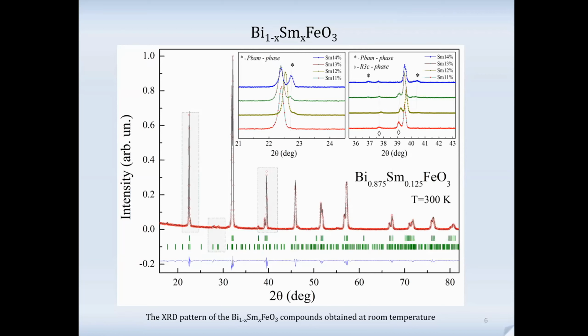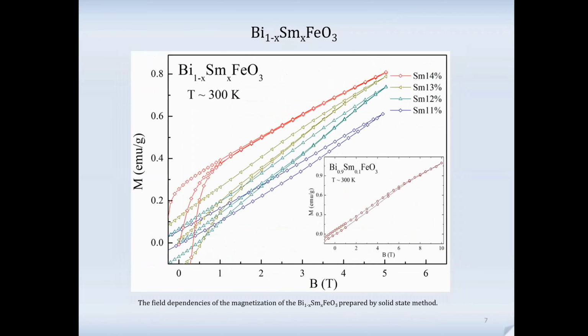And let's check how the properties change as a function of samarium content. On this slide, you can see the isothermal dependence of magnetization. And it was quite natural to consider that for the pure single-phase rhombohedral state, the net magnetization is nearly canceled because of this modulation.